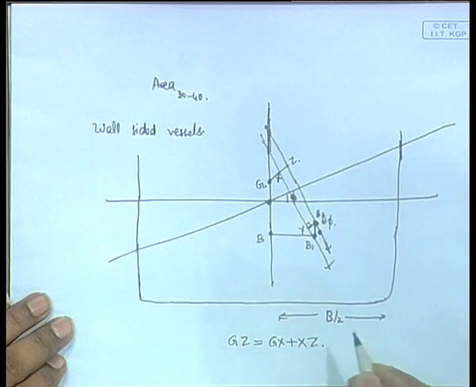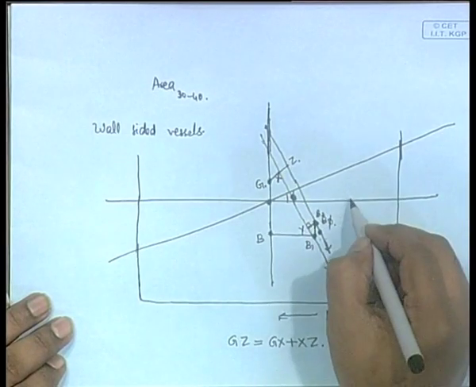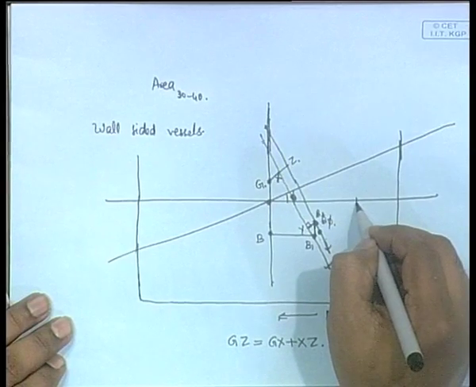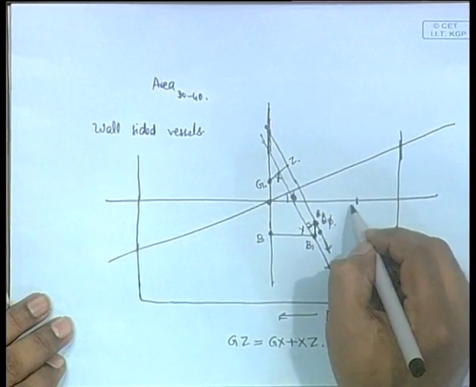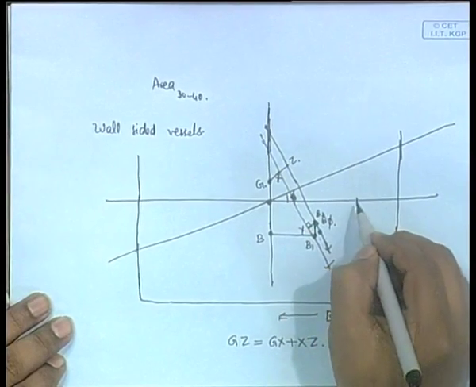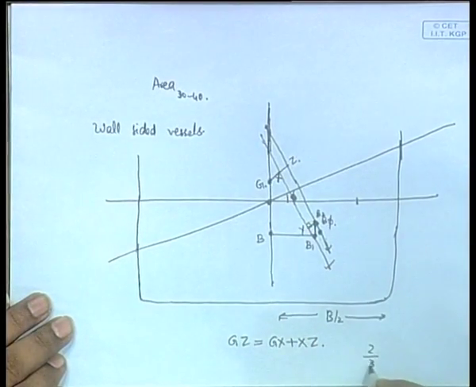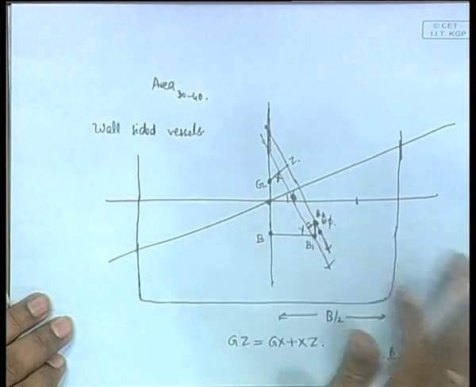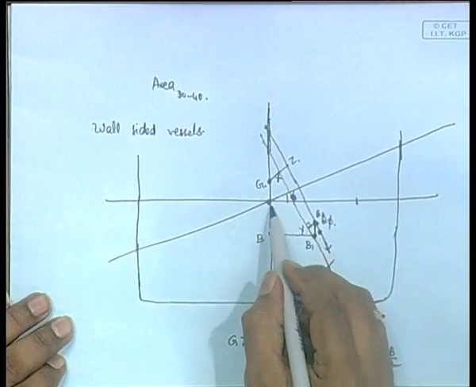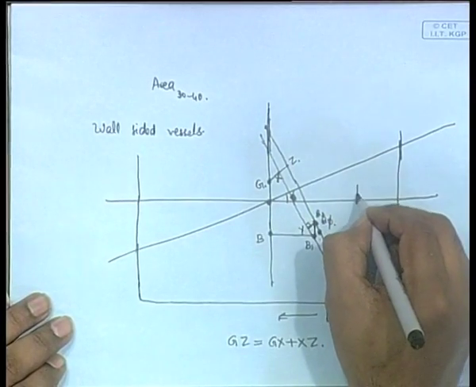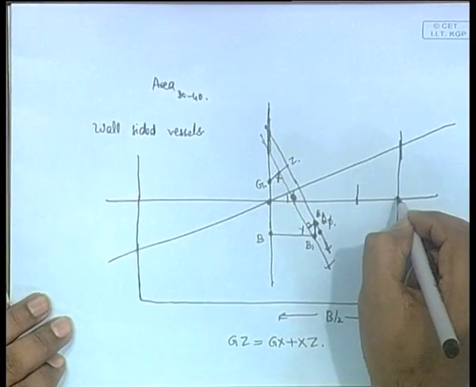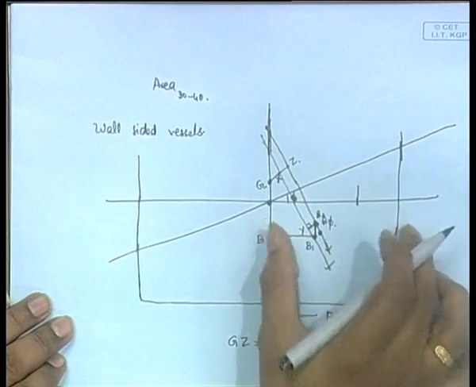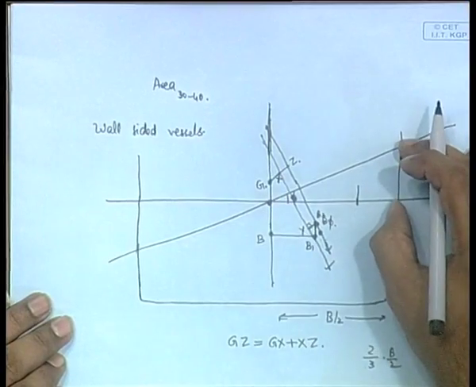Now, its center of gravity will be here, which is b by 2, this will be 2 by 3 of b by 2. Those things we have said. Similarly, there is a height here: if this is b by 2, this height will be b by 2 tan phi.